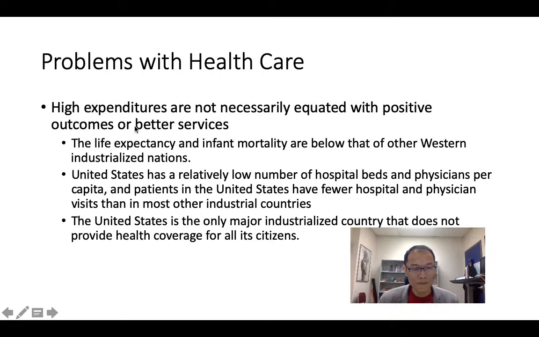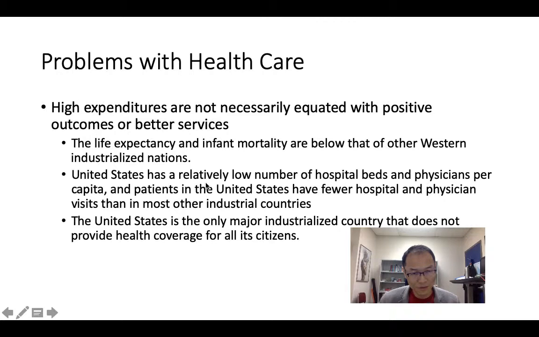All right. So high expenditures are not necessarily equated with better services or positive outcomes. For example, life expectancy and infant mortality are below that of other Western industrialized nations, which is not good.